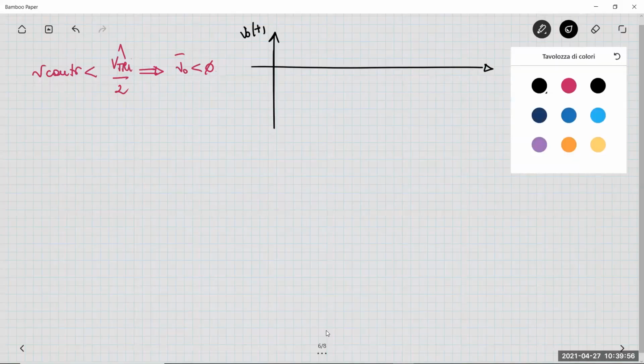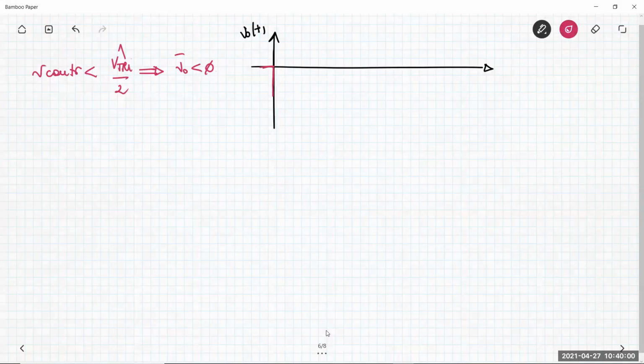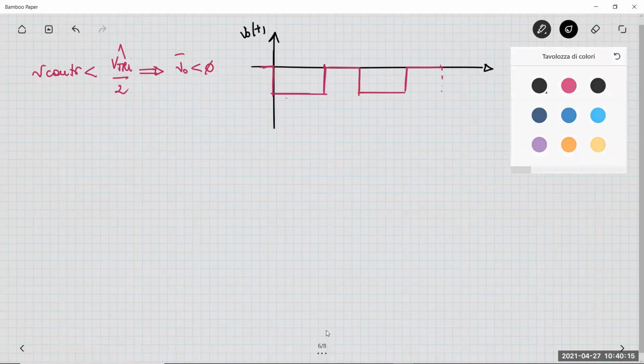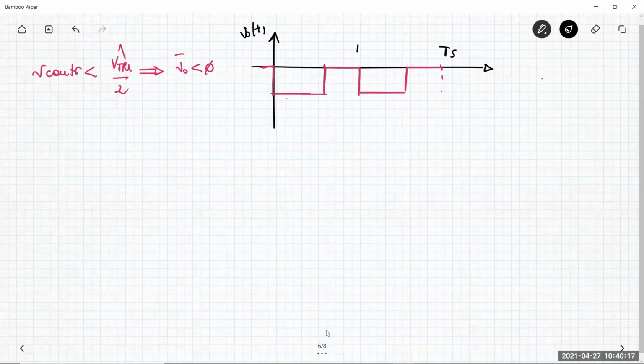You can see that the waveform is something like this. The period is Ts divided by 2, so the frequency is exactly twice the switching frequency. And see what happens for the current.